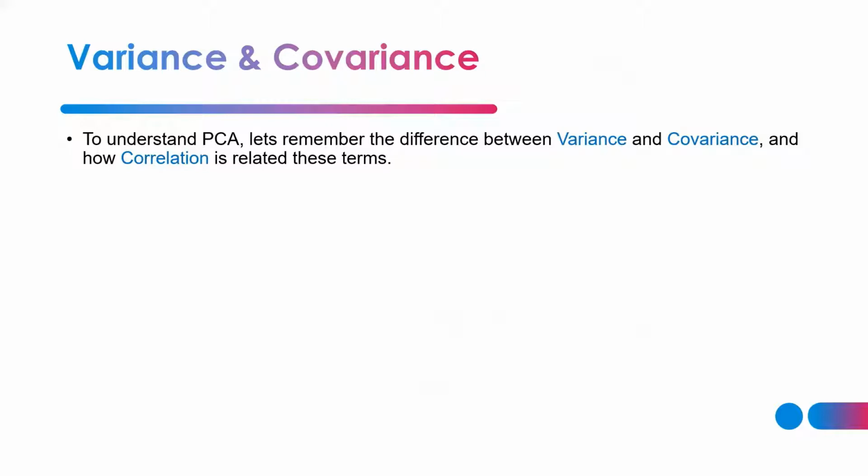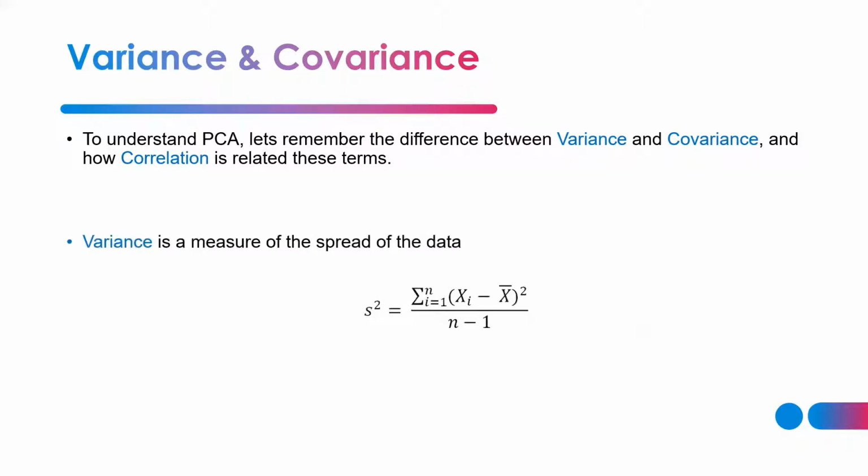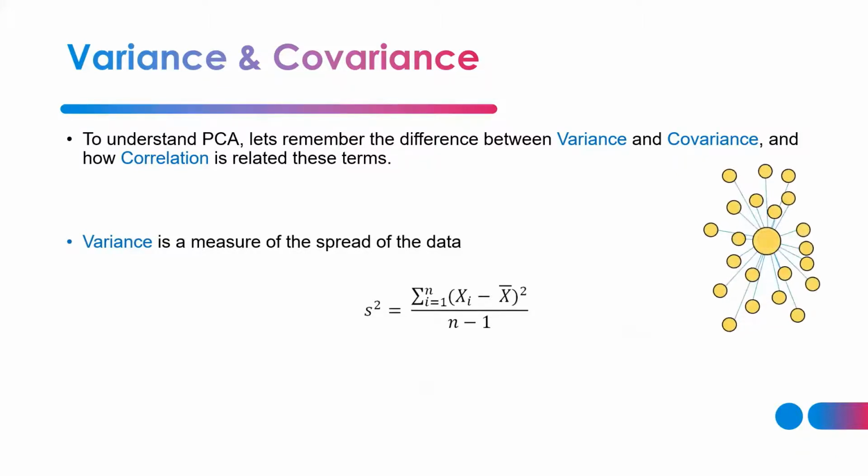To understand PCA, let's remember the difference between variance, covariance, and how correlation is related to these terms. Variance is a measure of spread of the data, as simple as it sounds.